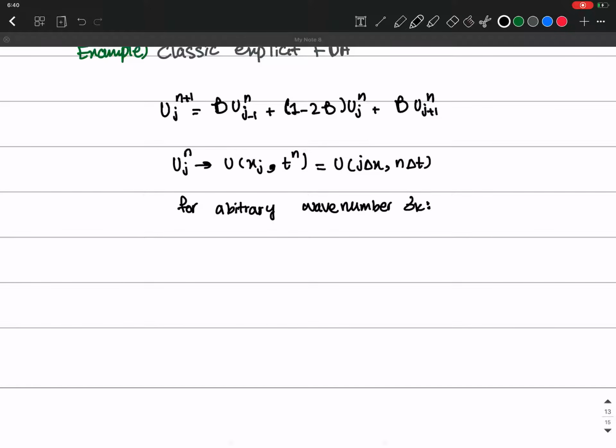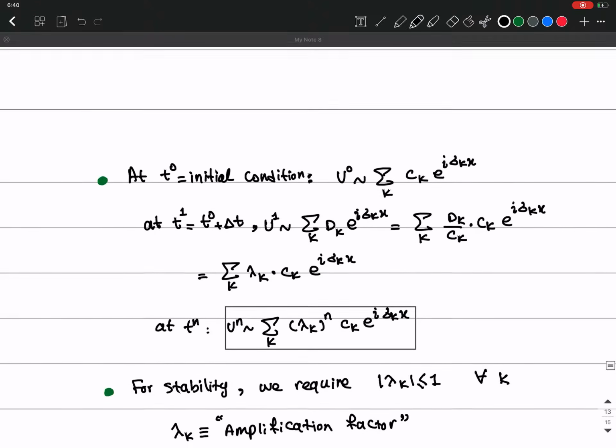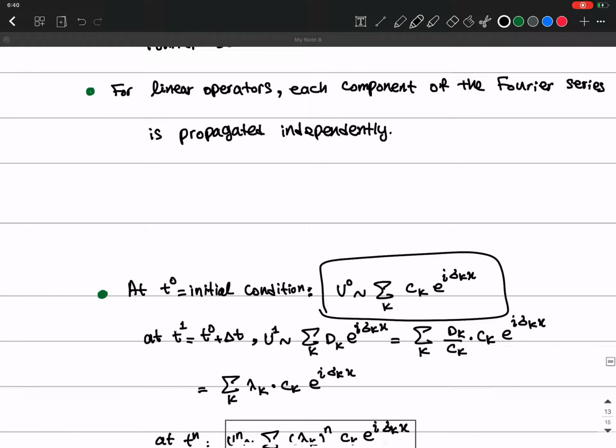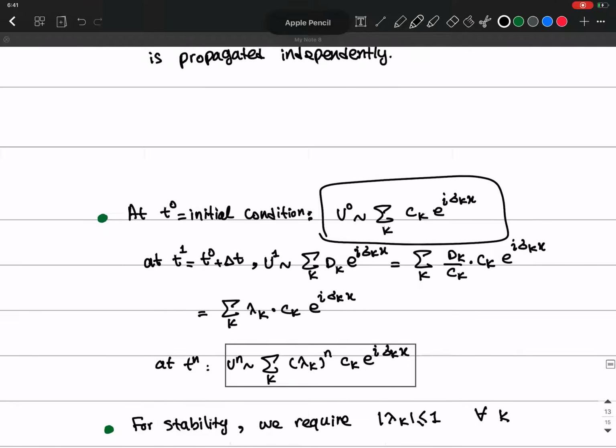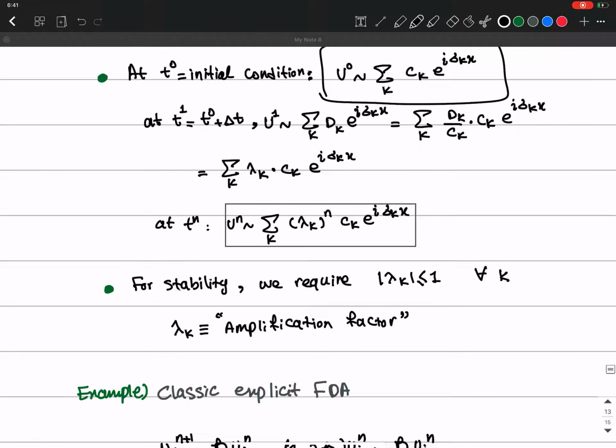what? From this equation I can just write lambda_k to the power n plus 1 times c_k e^(i sigma_k j delta x) equals, so this is from here, right, the initial conditions that we have, and lambda_k is what we defined there. Lambda_k is the amplification factor that we defined here, right?